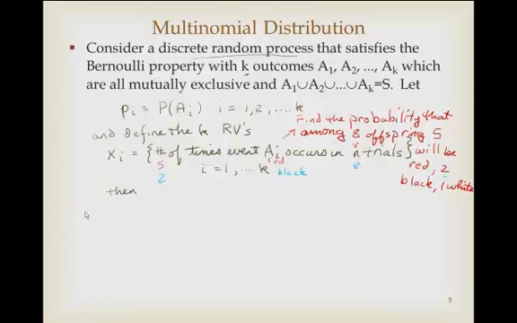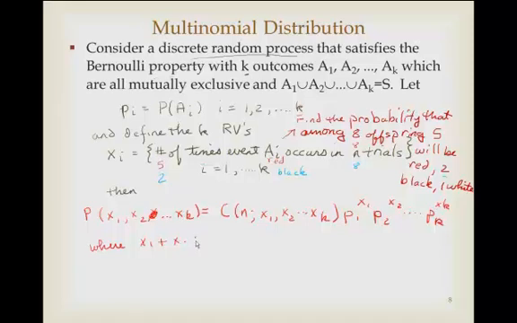Then the probability of x1, x2, all the way up to xk is equal to the combinatorial of x1, x2, all the way up to xk, times the probability of the first one raised to x1, times the probability of the second one raised to x2, all the way up to the probability of k raised to the xk, where x1 plus x2 plus ... plus xk is equal to n.